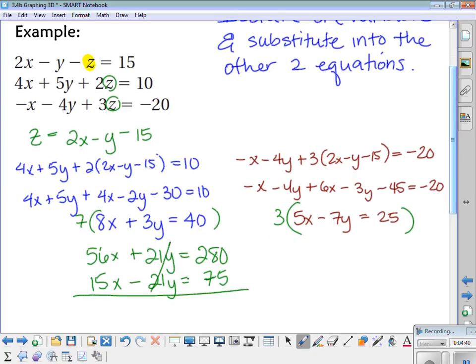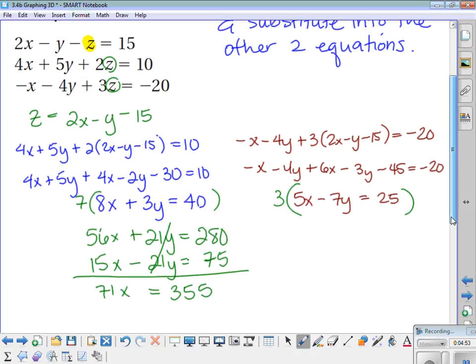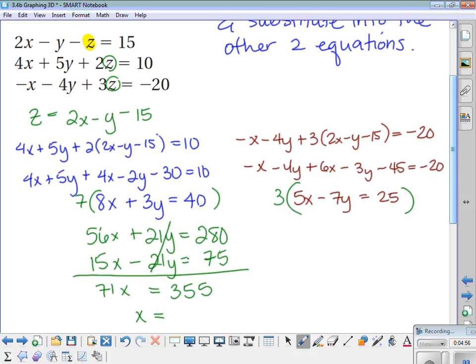So when I add those together, my y's cancel out. 56 and 15, I get 71x equals 355. And believe it or not, that means x is equal to 5. 71 goes into that 5 times.